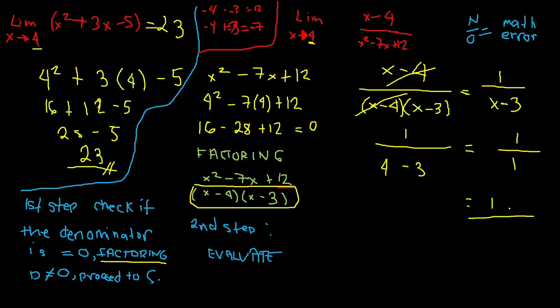So, therefore, ito na yung ating final answer. Yung limit ng x minus 4 over x squared minus 7x plus 12, x approaches 4, is equal to 1. So, yan na yung ating final answer.